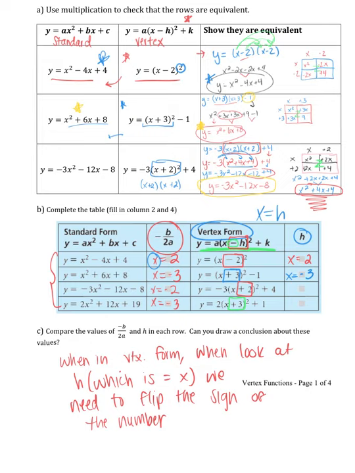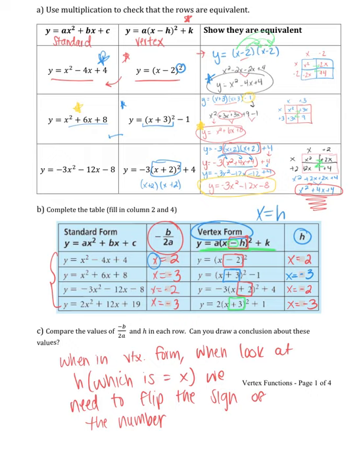All right, now that you're back, I'm going to give the answer. So in the parenthesis, we had a positive 2. So I'm flipping my sign, and x is becoming a negative 2. Okay, I'm looking at that last one. I put a square around a positive 3 because that's the sign and the number in the parentheses. And I'm flipping the sign, and I'm getting x equals negative 3.